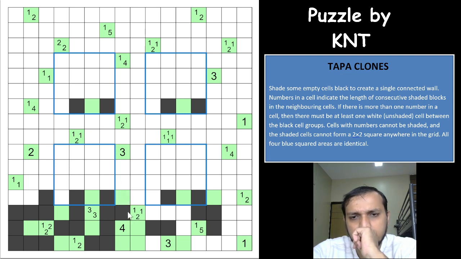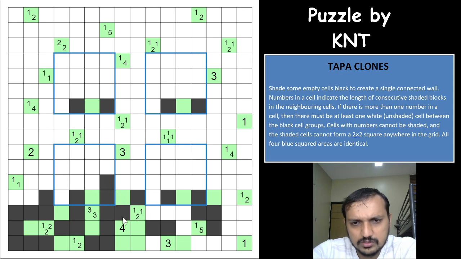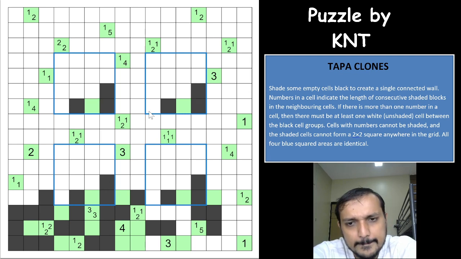This is unshaded, so this is shaded. Now for the 1 1 2 clue, you are not sure if this is shaded or this is shaded. So what we can do is get this shaded group outside, and which means it has to be in every group, right?